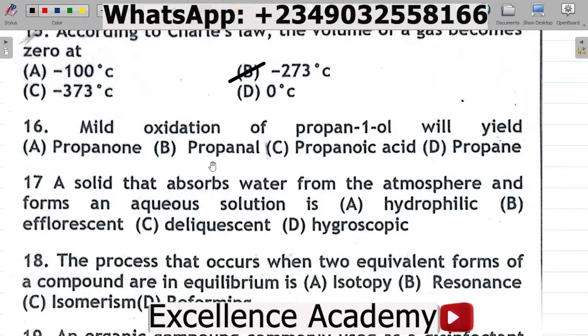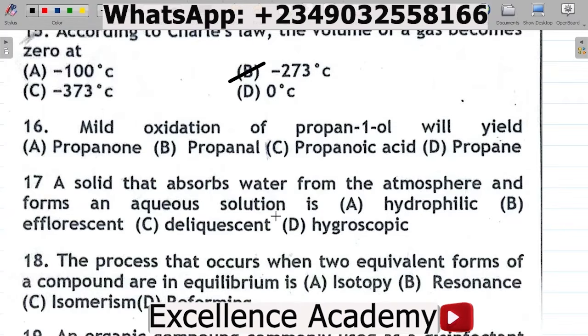Question 16. Mild oxidation of propan-1-ol will yield: A, propanone; B, propanal; C, propanoic acid; D, propane. Here's a question under organic chemistry. The oxidation of an alcohol. Propan-1-ol is an alcohol, and you want to know that it is actually a primary alcohol.